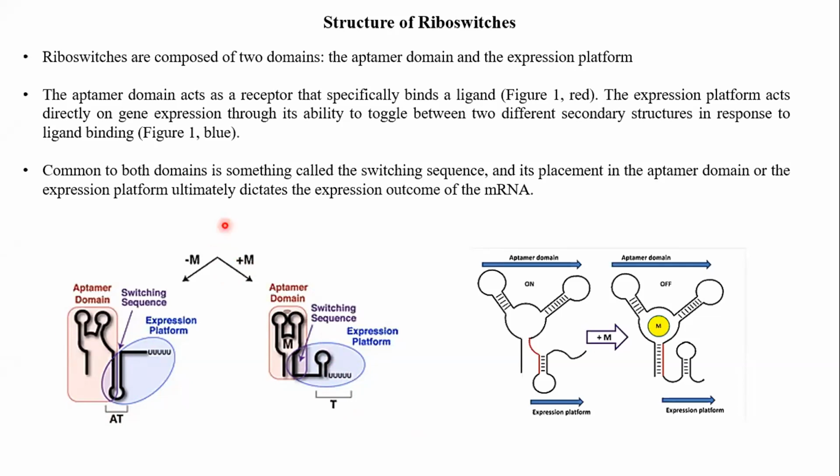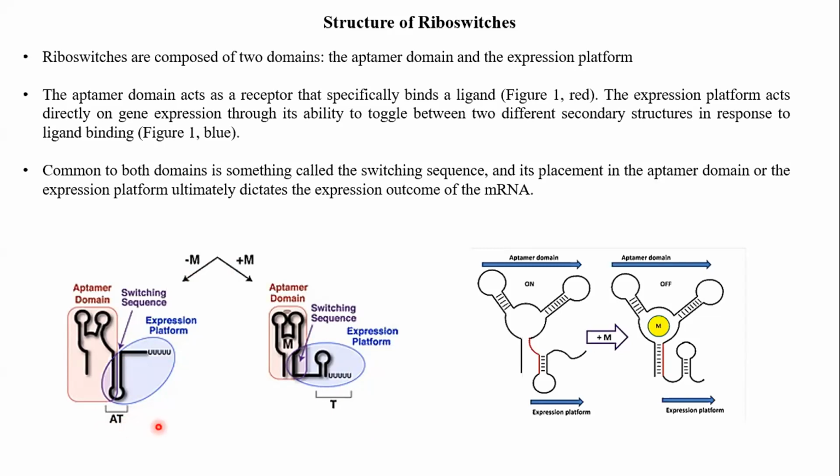So this particular scenario is present in biosynthesis operons. Now we are talking about bacteria, and bacteria have operons. In biosynthesis operons, this could be the condition: when the metabolite is absent, this structure will form and it signals anti-termination.